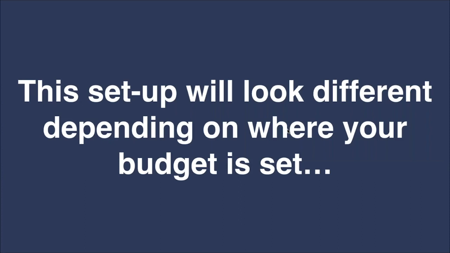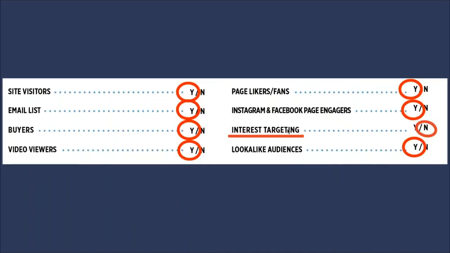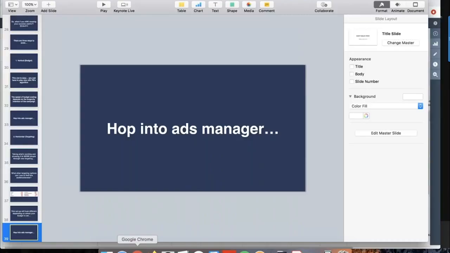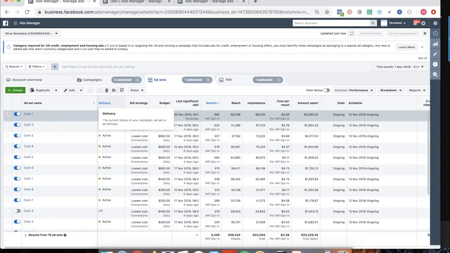This setup will look different, again, depending on whether your campaigns have budgets at the ad set level, or whether you're using CBO with budgets at the campaign level. But the thought process is the same. There are really two ways you can do this.